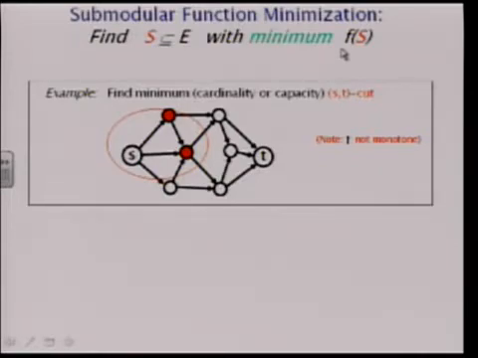Well, one thing you can say for sure is that you can exhaustively search all the possible subsets, and then you will know. But is there any way you can avoid doing an exhaustive search? Is there any method that's more efficient by taking advantage of the submodular property of the objective function?